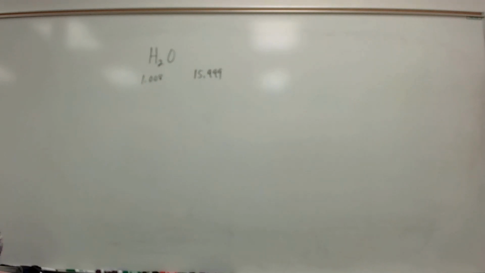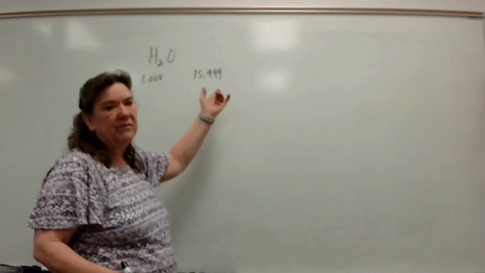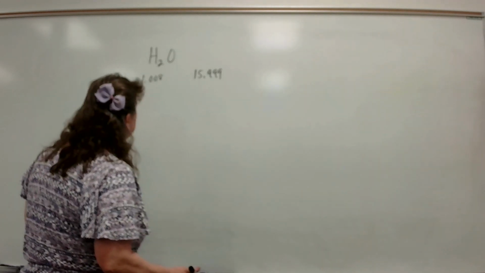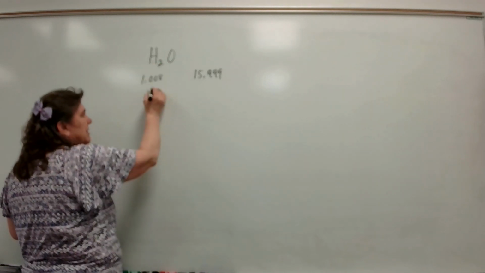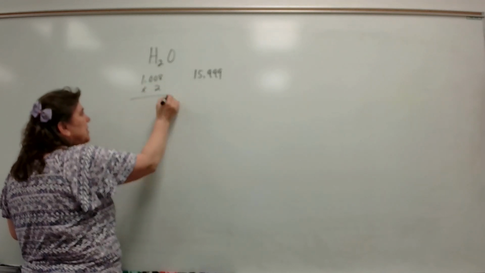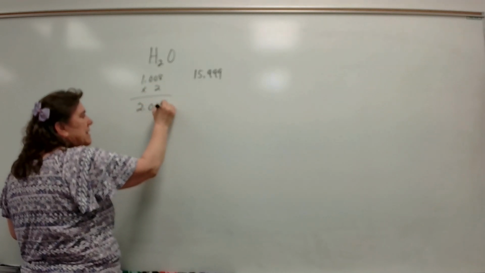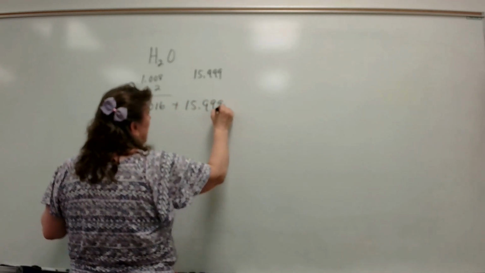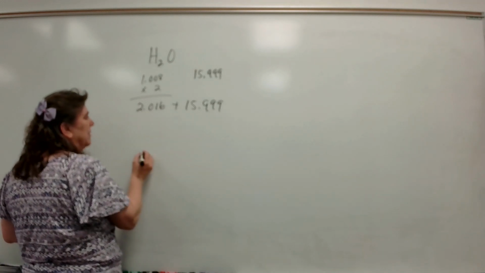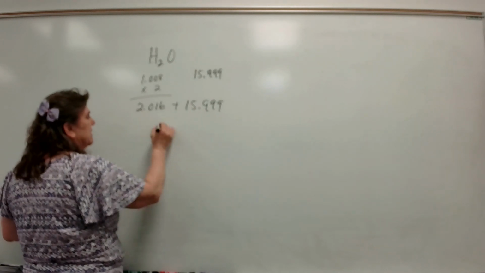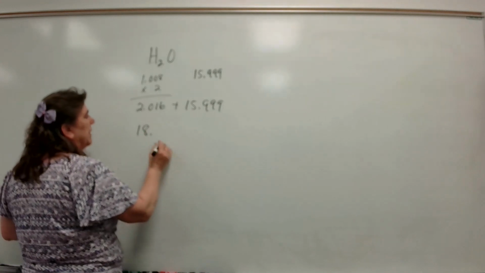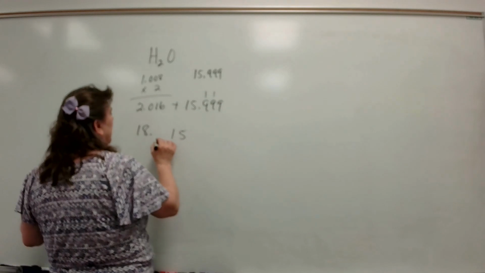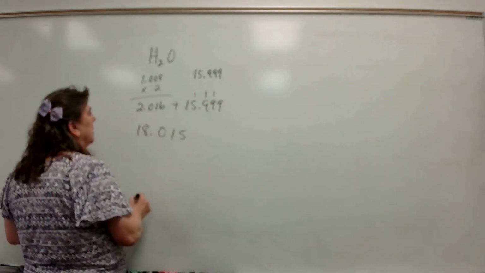Yes. Now notice I have them at the same amount of significant digits of addition and subtraction, right? So what's going to happen? I need 2 of these. So this will be times 2, which gives you 2.016, plus 1 of these, 15.999, and that means this compound is going to be 15, 16, 17, 18, 5, carry my 1, 10, 11, 0, carry the 1.